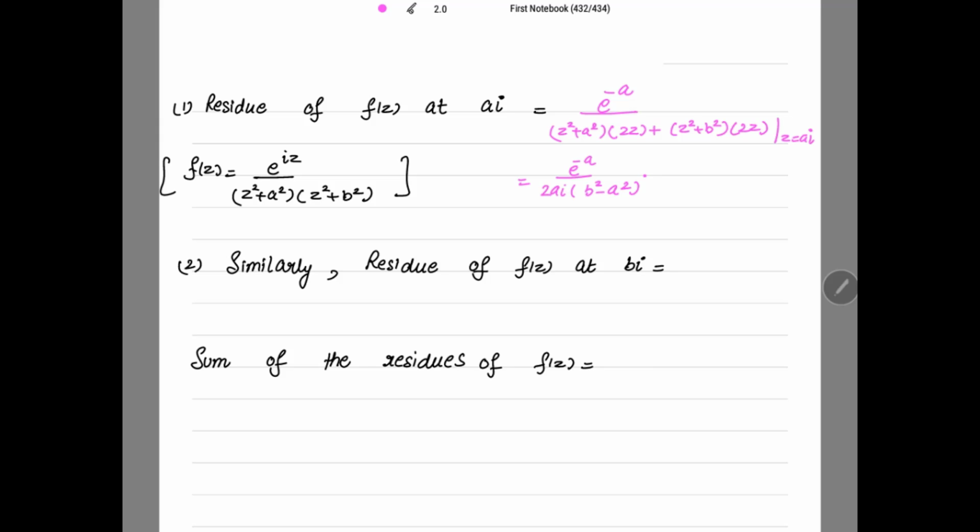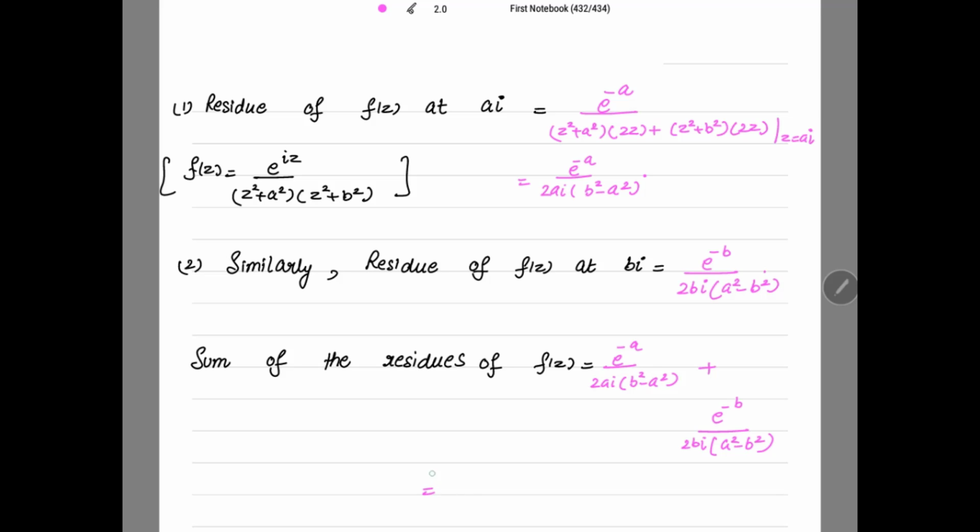Similarly, the residue of f(z) at b iota will be e to the power negative b over, just by symmetry I'm writing here, you can check and calculate, 2b iota into a squared minus b squared. Now taking the sum of the residues, this is equal to e to the power negative a over 2a iota into b squared minus a squared, plus e to the power negative b over 2b iota into a squared minus b squared.